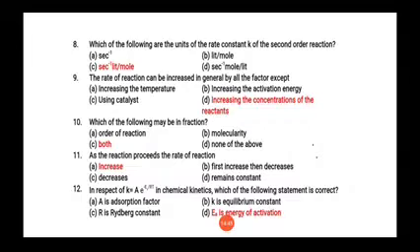Question number 11. As the reaction proceeds, the rate of reaction: options are A, increases, B, first increases then decreases, C, decreases, and D, remains constant. So students, this is a basic knowledge question. As we all know, the graph of reactants and products will be like this.